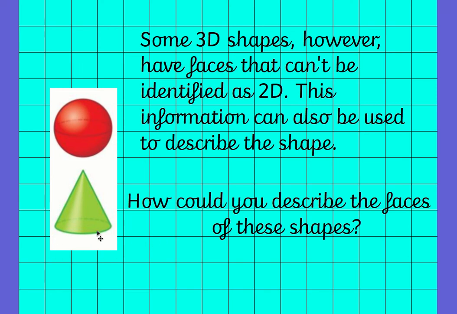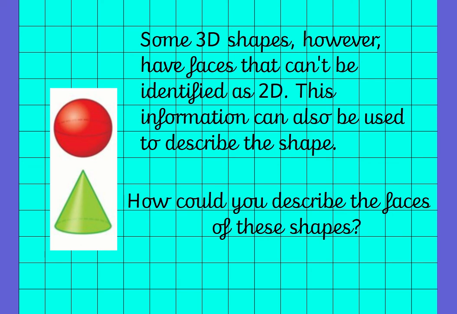And then if we look lower down, this is a cone, and I can describe the bottom one as a circle, but I can't describe the top one as anything. So if I was describing this one, I would say my shape has one 2D face that is a circle and another face that is unidentifiable as a 2D shape.